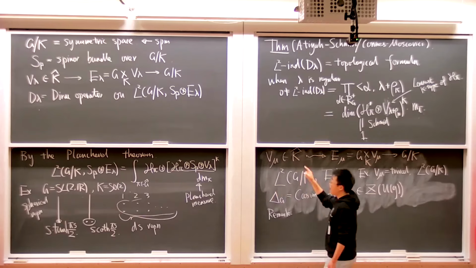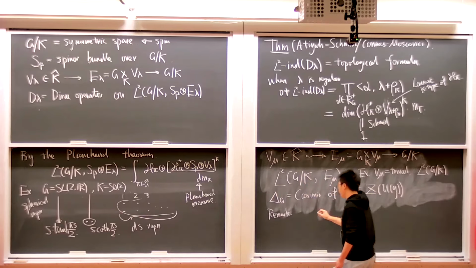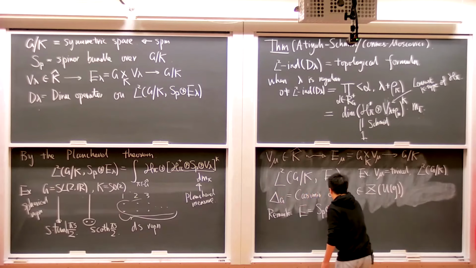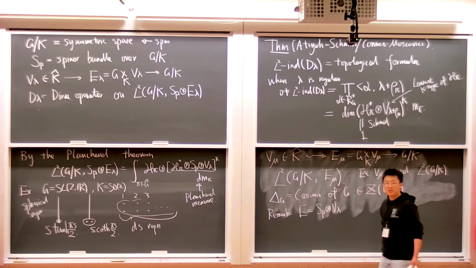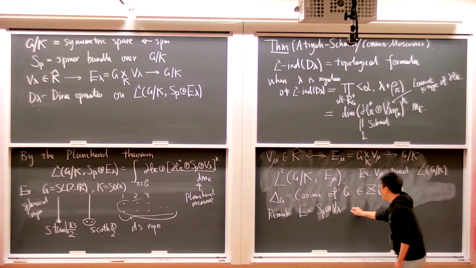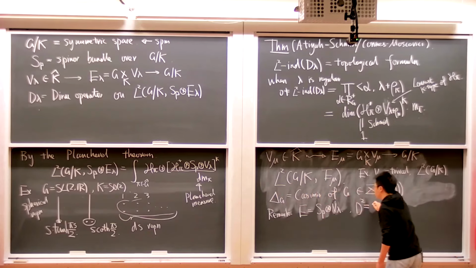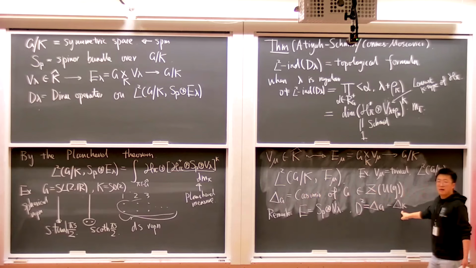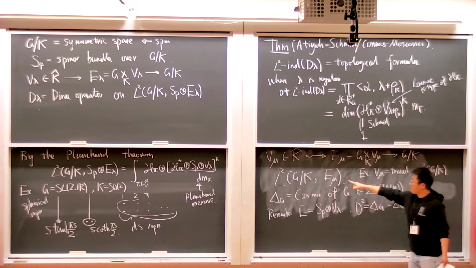If you are in the Atiyah-Schmid case, where the bundle has a spinor bundle and you do have a Dirac operator D, then D squared is just the Casimir of G minus the Casimir of K. And this acts as a constant because you fixed a K-type.